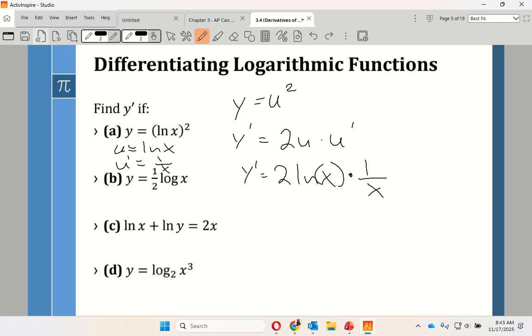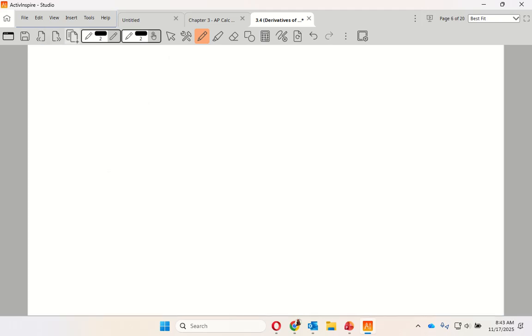Let's see this next one. ln x plus ln y equals 2x. What type of problem do we have here? Implicit, very good.